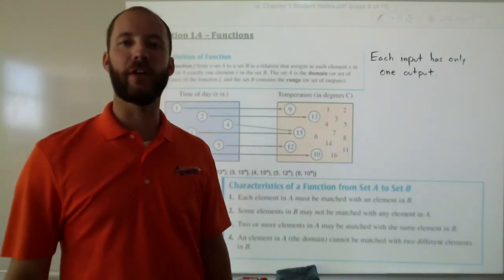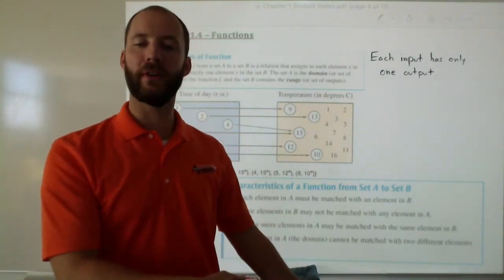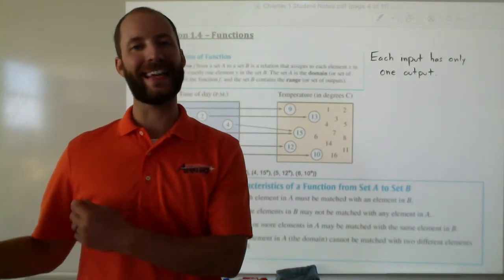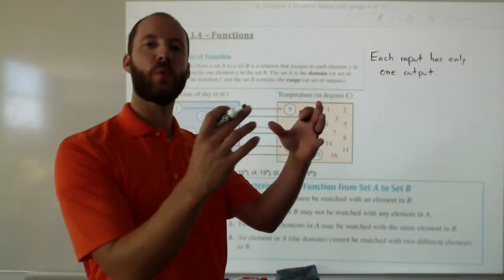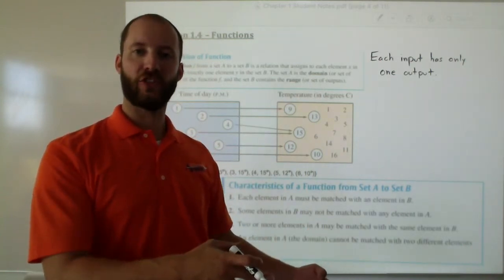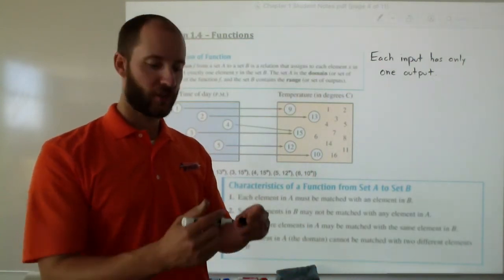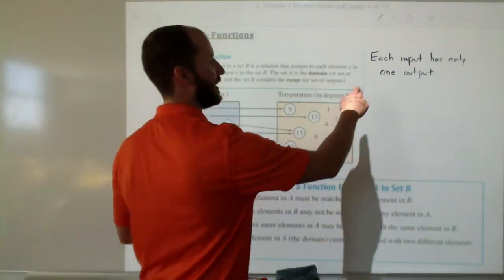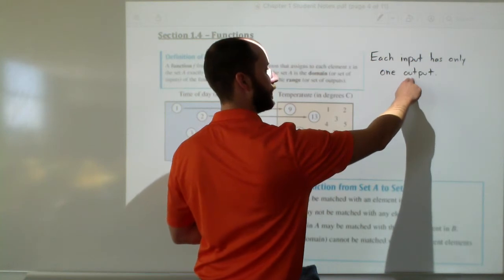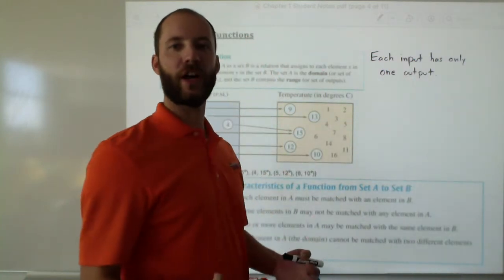Just each input has only one output. Every element in the domain, set A, has only one value assigned to it in the range, set B. So if you have an input, there's only one output assigned to match up with it.